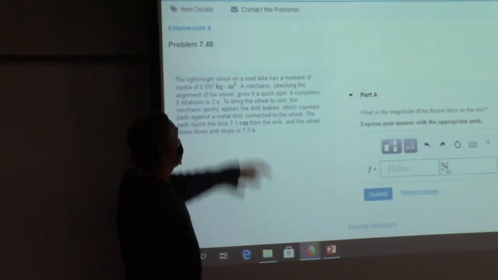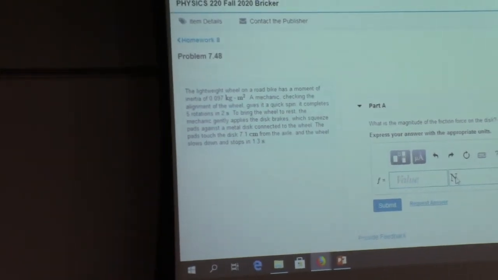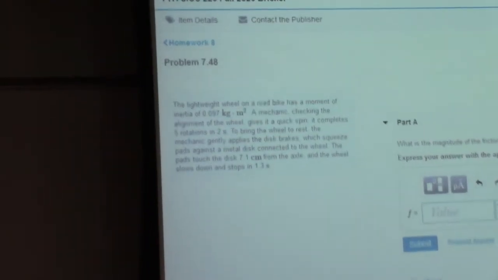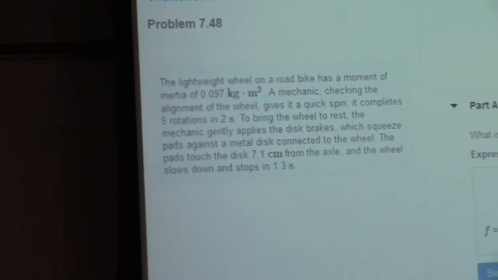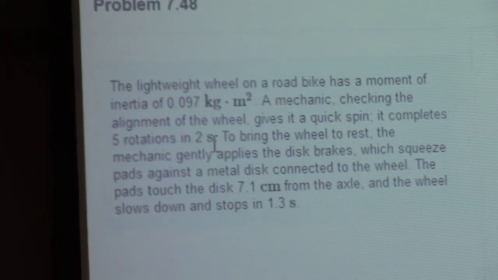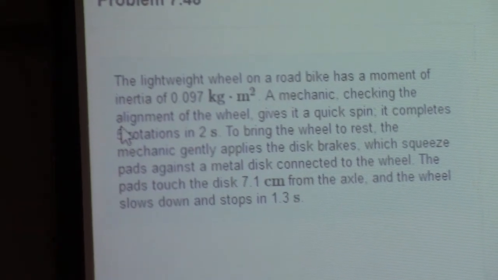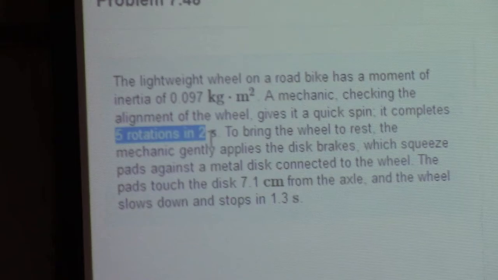In this problem, they actually give you the moment of inertia, 0.097 kilogram meters squared. So this first part here, 5 rotations in 2 seconds, we could use this to figure out the initial angular velocity, right? We did a similar problem before.